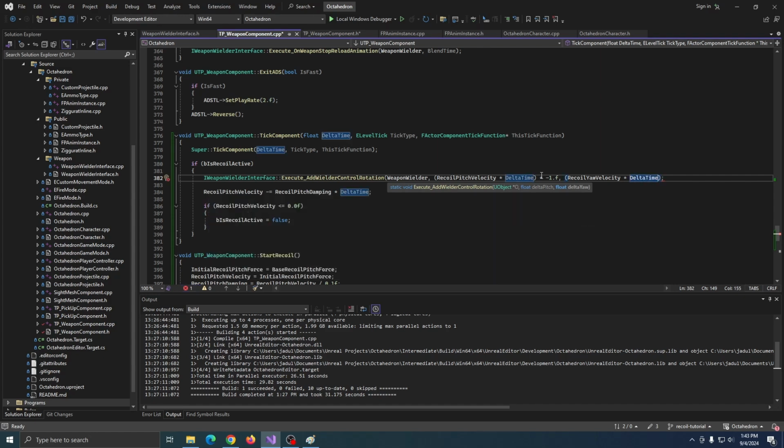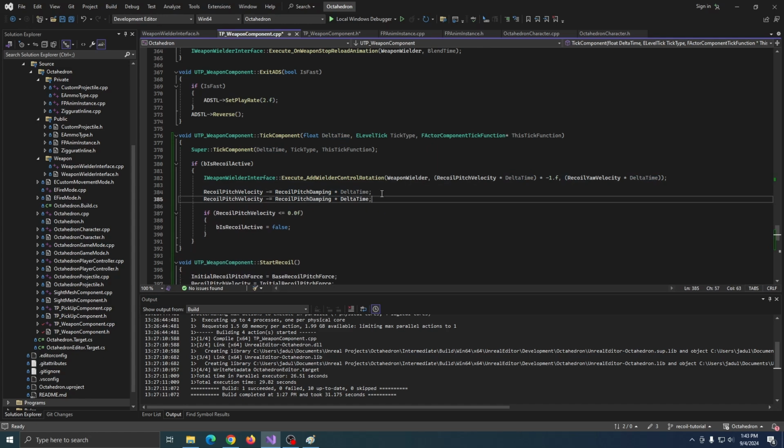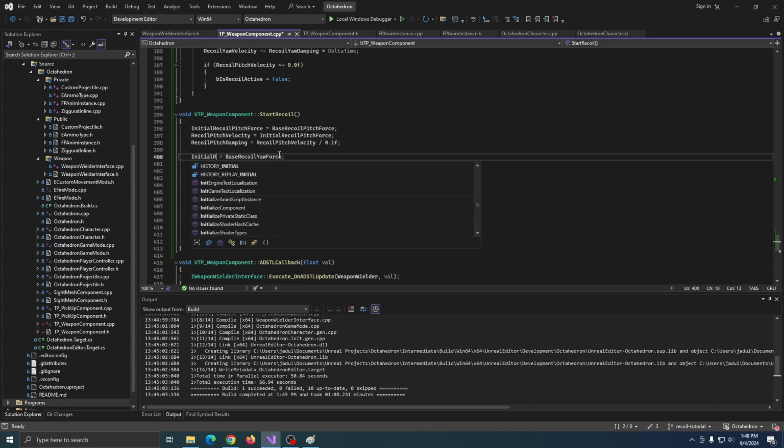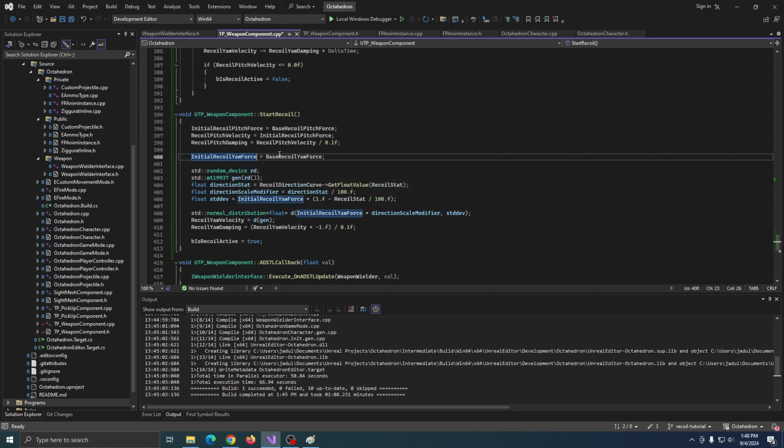And we don't have to multiply with negative because we already know where it's going to go. All right. And we also want to decrease the velocity by dampening it. And so your velocity, call your damping. You know what? I made one stupid mistake. This should be initial recoil yaw force.